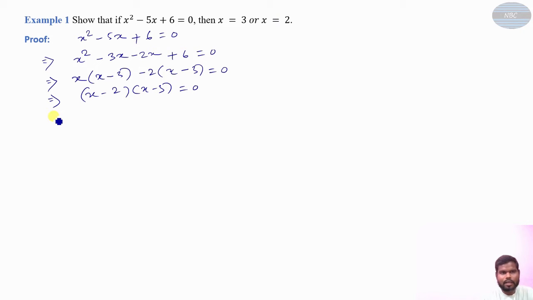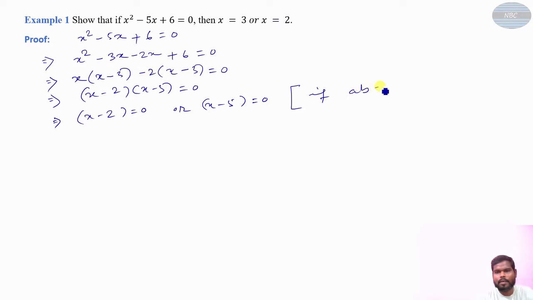Which implies x minus 2 is equal to 0 or x minus 3 is equal to 0. We know that if a times b is equal to 0, then a is equal to 0 or b is equal to 0.